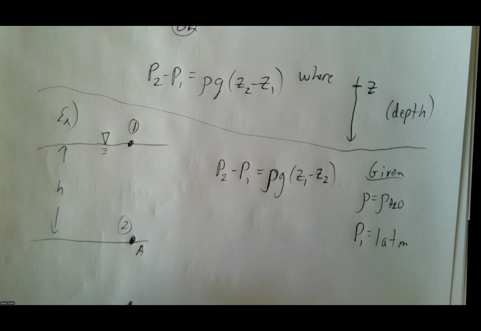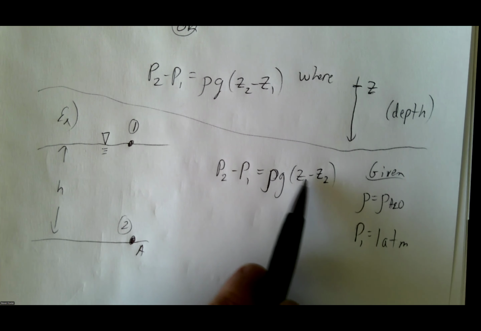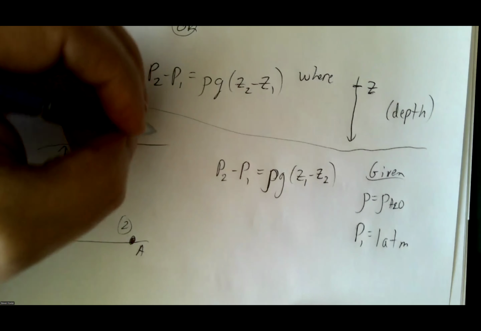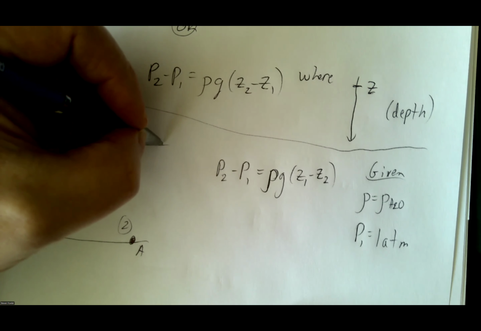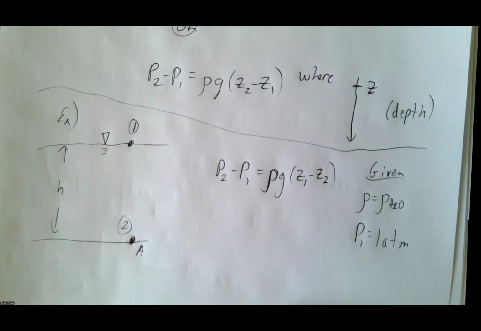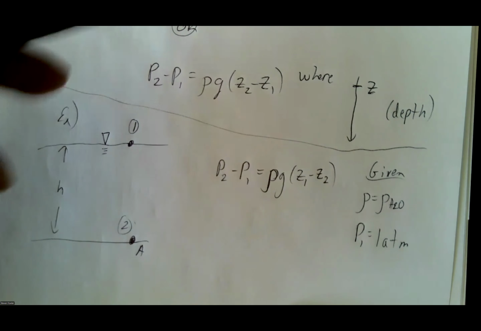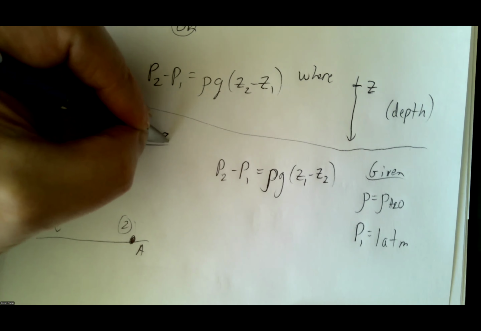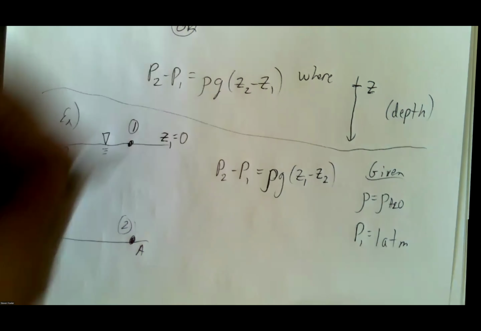What you want to do when you're working on these problems is establish what these Z values are, because I know the difference is H. Well, what are the individual Z values? A simple thing you can do is set one of them equal to 0. What I normally do is pick a point that everything can be measured relative to easily, and either one of these is just fine in this case. But let's say that Z1 is 0. That's the surface.